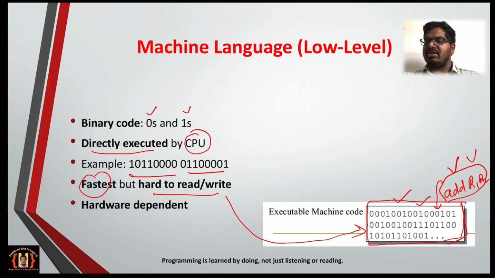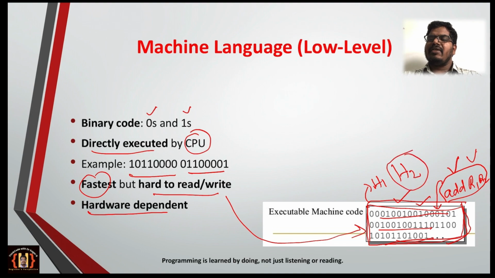But can you understand these zeros and ones? Definitely not. These are hardware dependent, meaning whatever code I develop in zeros and ones is only for a particular hardware. I cannot run the same code on other hardware. You need to develop a different machine language for different hardware. That's the meaning of hardware dependent.